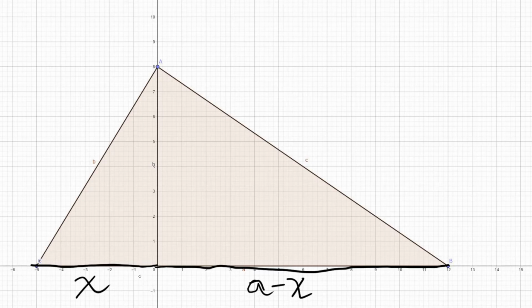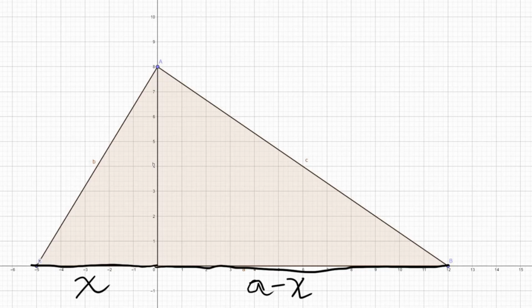In the real world, we don't really want to go through this whole process of splitting this into two triangles. So instead we can use cosine to substitute this x and this a minus x.